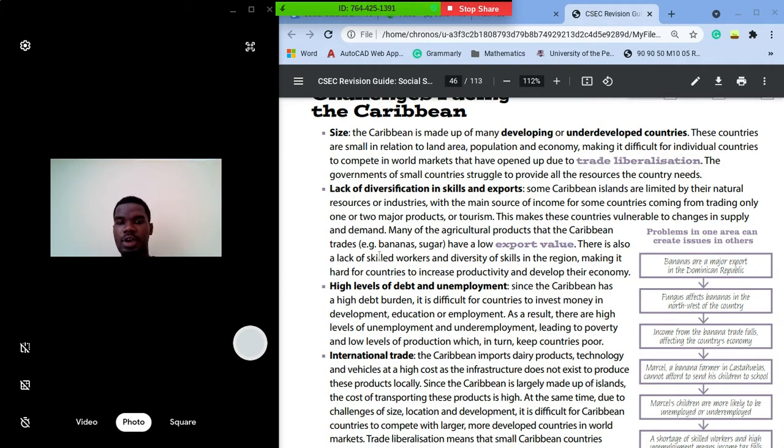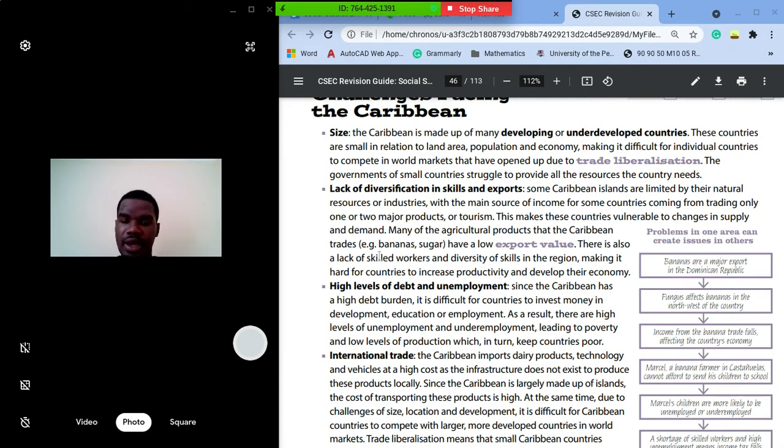And the third one was high levels of debt and unemployment. So unemployment comes from the fact that some countries are excluded from trade, right, which makes it difficult for them to invest in their development because they have high debt, which creates high unemployment, which creates poverty, which in turn keeps the countries poor.